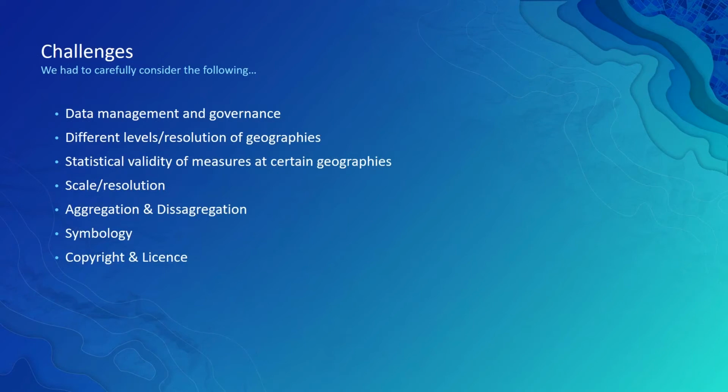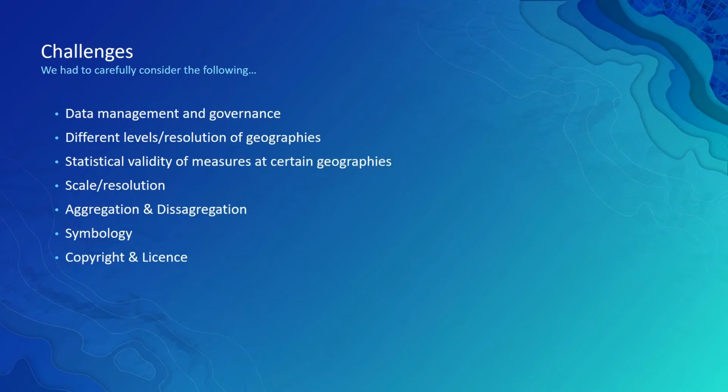We also looked at another factor to do with aggregation and disaggregation. So one of the things that we've standardized on is we've adopted the approach of using the highest resolution geography, that of the small area, to calculate percentage figures.